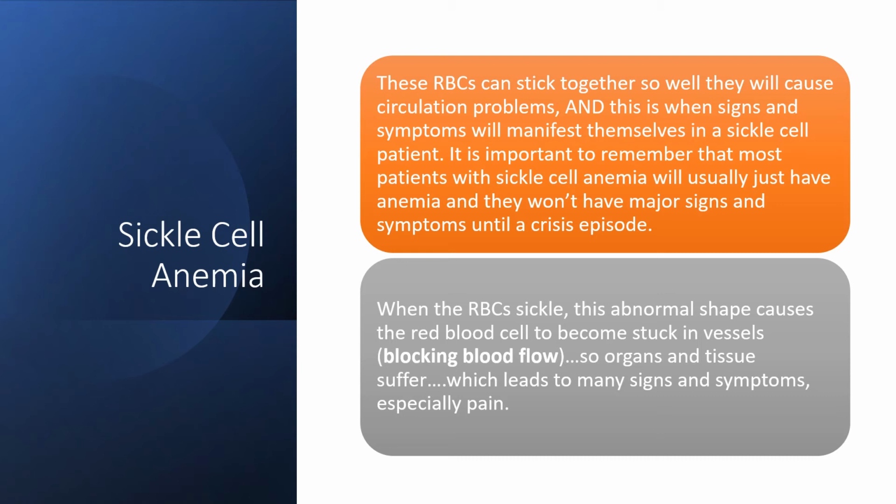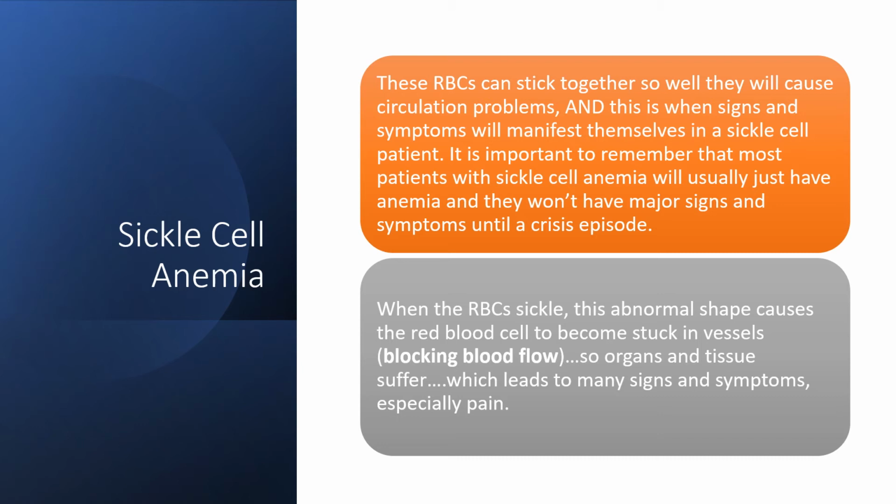And with the obstruction comes what? Pain. And this is when signs and symptoms will manifest in a sickle cell patient. It's important to remember that most patients with sickle cell anemia will usually just have anemia, and they won't have major signs and symptoms until a crisis episode.